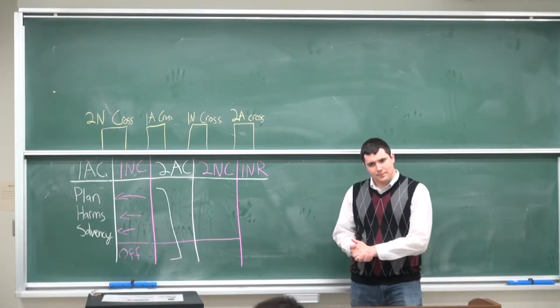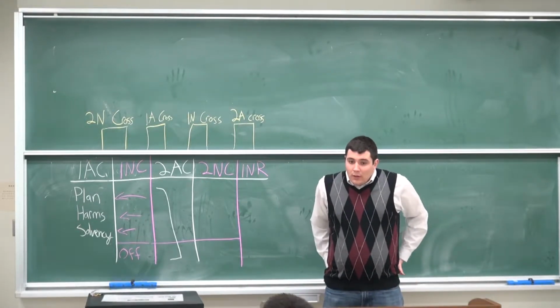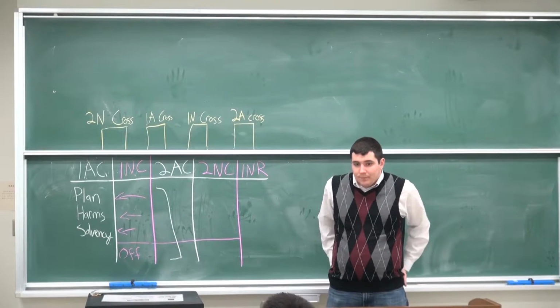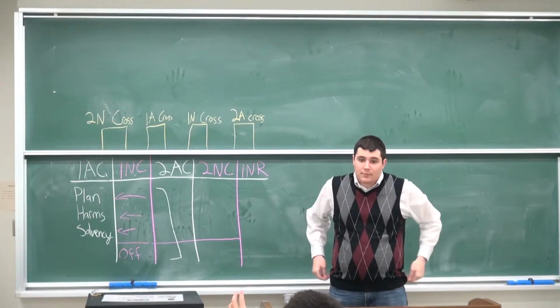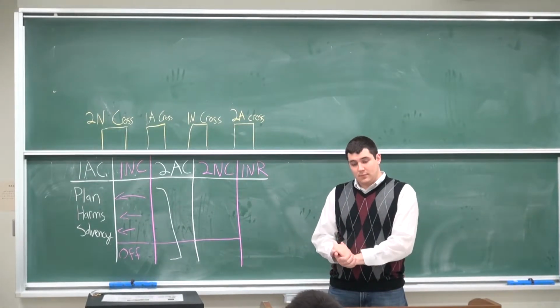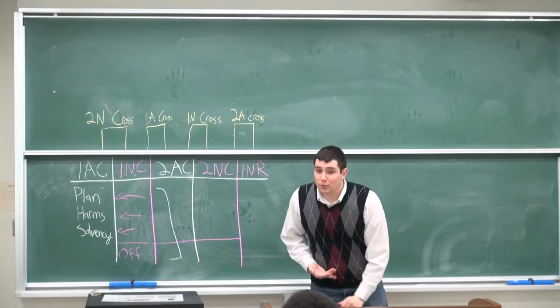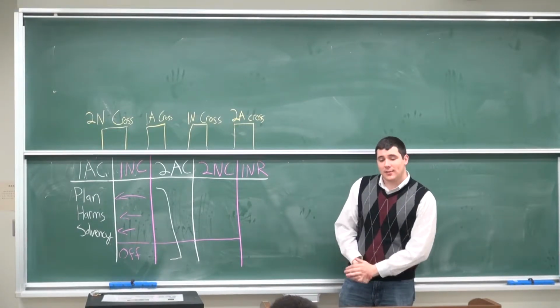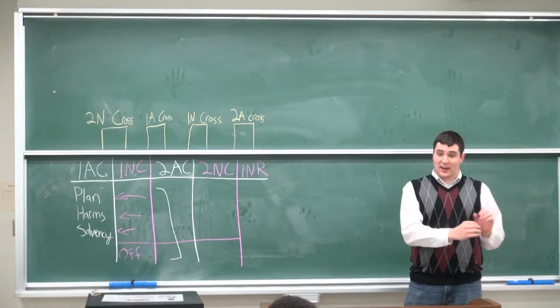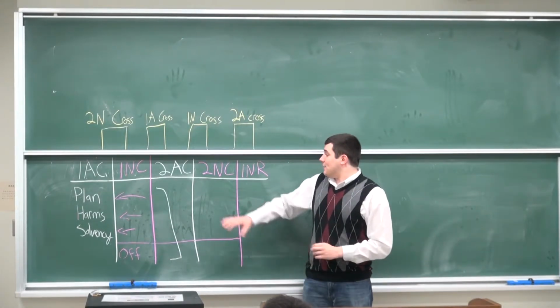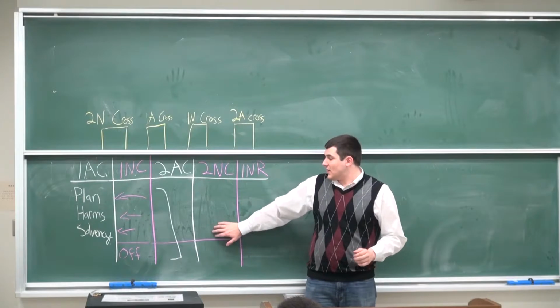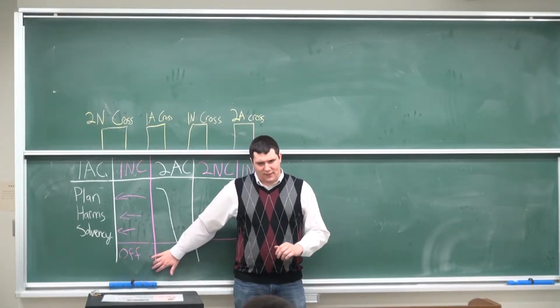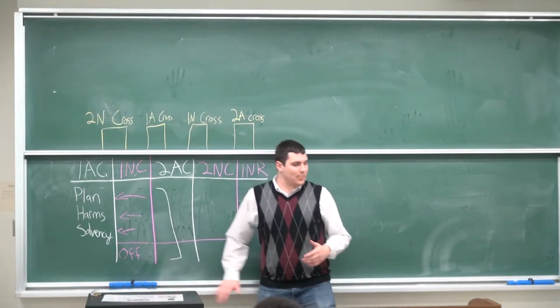So first negative speakers cannot talk about the first negative and second negative speech? You should not. You should try and split that up. Because say that Shanna and I are partners, and in my second negative speech, I talk all about our off-case position, okay?